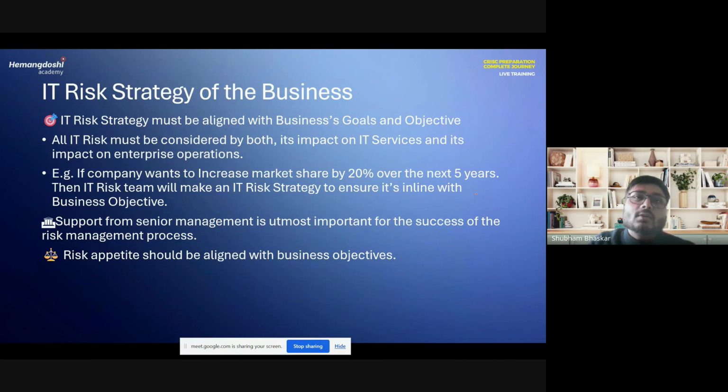So similarly, every department in the company works so that the business goes ahead, the business achieves its objective, and you are no different. The work that you will do, the strategy that you will make, has to be aligned with business goals and objectives. You have to consider all the IT risks that you're going to find by their impact to IT service and their impact to enterprise operations.